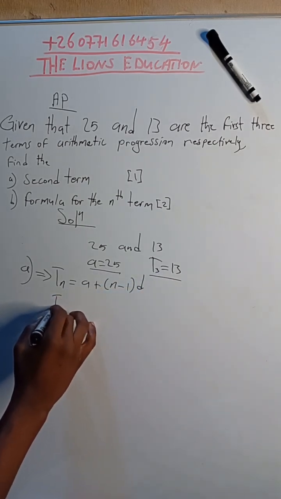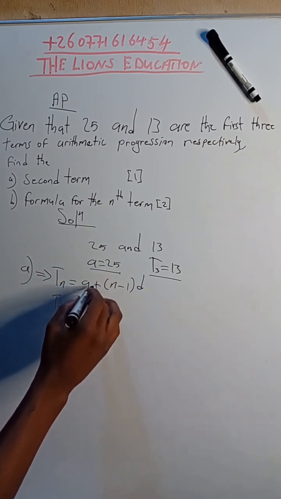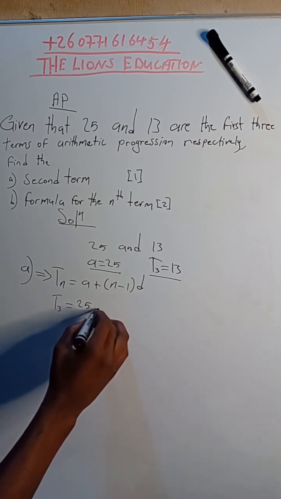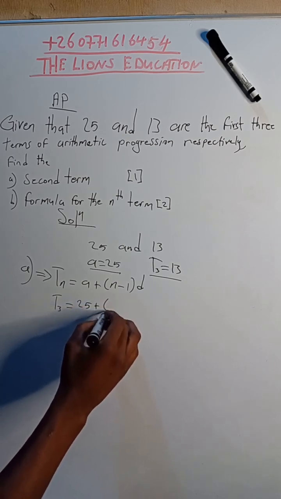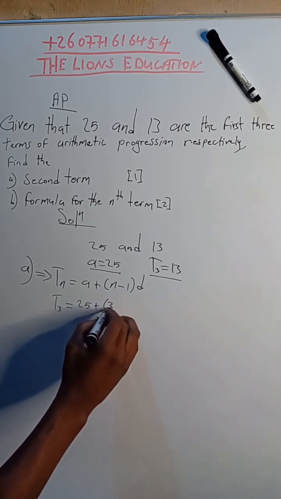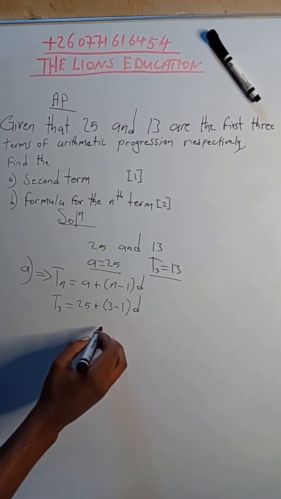So term number 3 is equal to A, which we know is 25. The first term is 25. So we're going to say 25 plus, open bracket, n, since we are using term number 3, we're going to put 3 minus 1, then the difference we don't know.